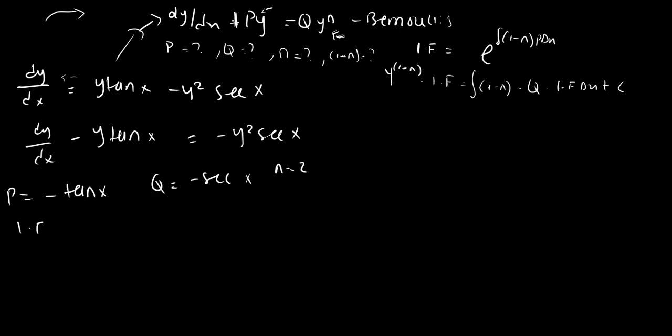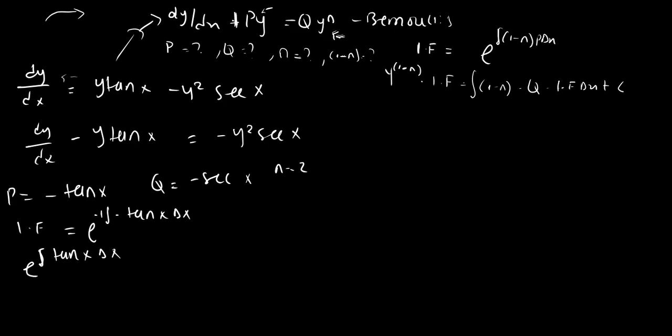So we have our integrating factor. We're going to have e to the power of negative 1 multiplied by negative tan x dx. So negative will cancel out negative. So we're going to have e to the integral of tan x dx. Now the integral of tan x is going to be negative ln cos x. Remember, you should have all these trig functions at the back of your mind.